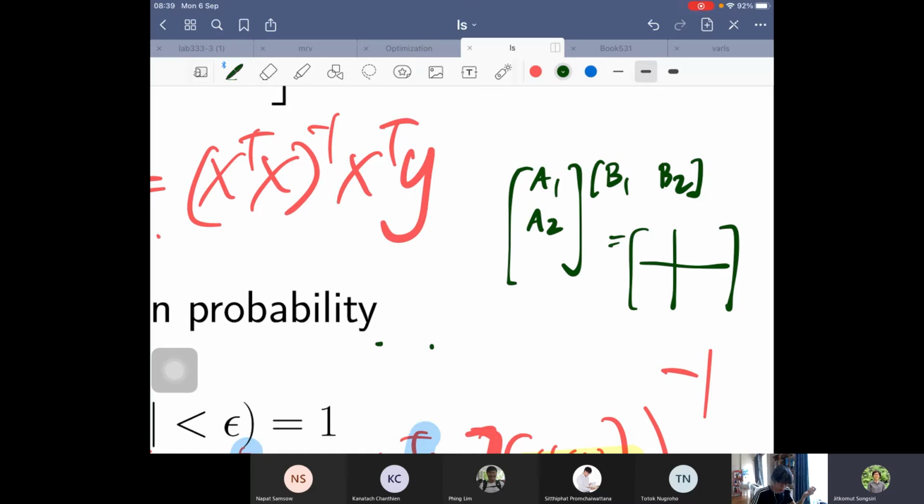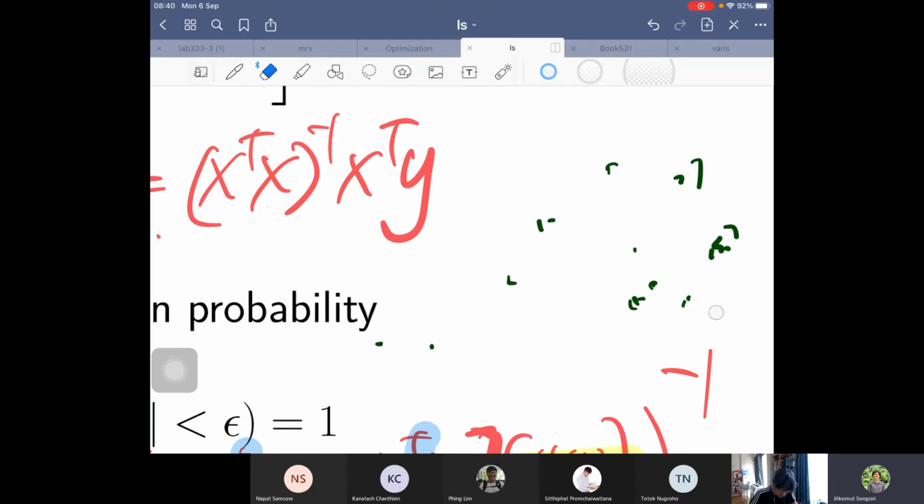The 1-1 block is going to be A1 B1, the 1-2 block is going to be A1 B2, and then A2 B1, A2 B2. I hope everyone by now should be familiar with matrix operations like this.